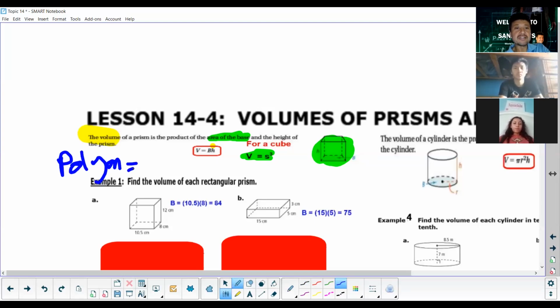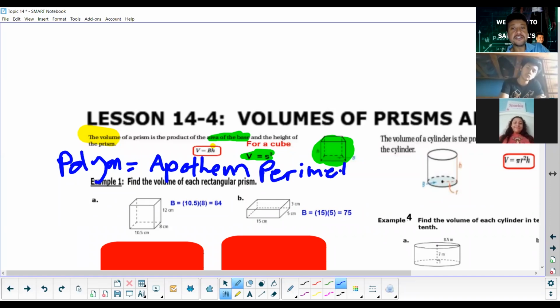You remember that it was apothem times perimeter? So in this case, they made this equation very general, very easy, and it should be that way, because there's only going to be special situations where you need this, but it's very broad. Does that make sense? The most important thing is finding the area of the base.